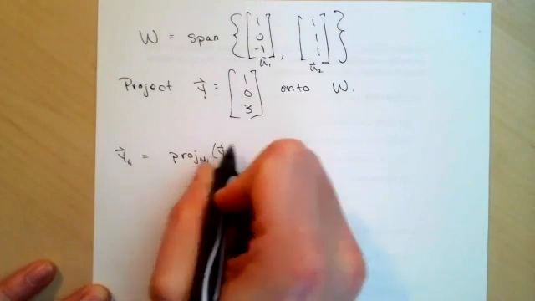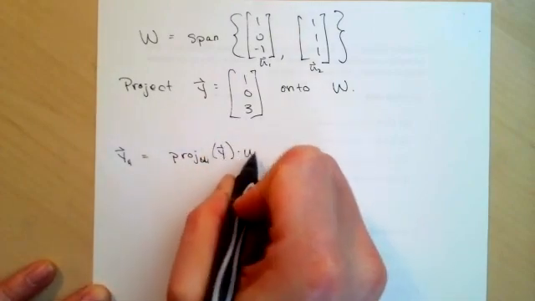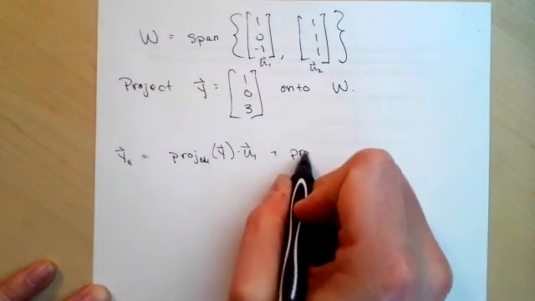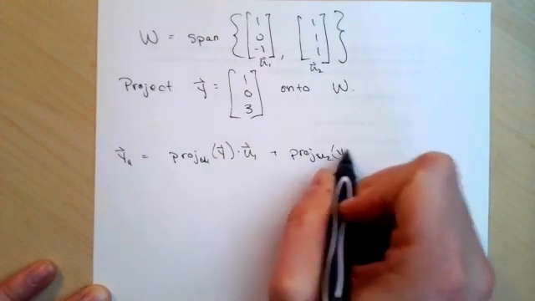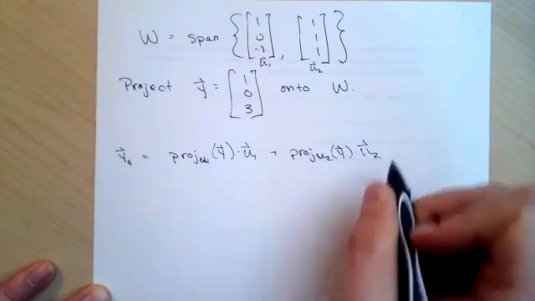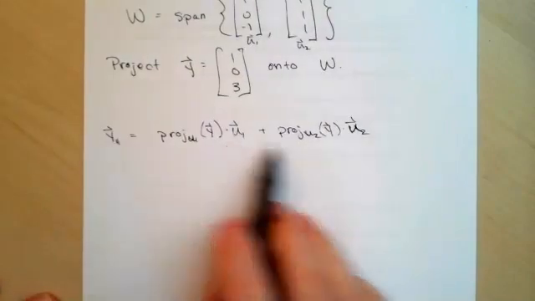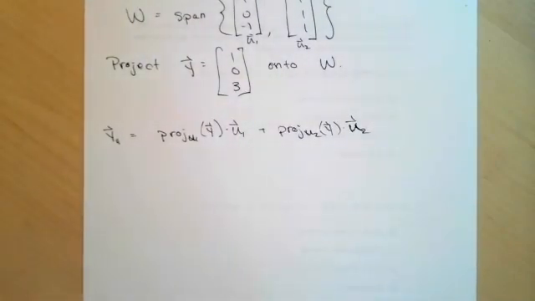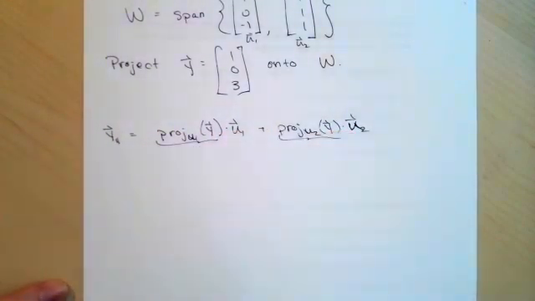So we project y onto U1 in the direction of U1, plus the projection of y onto U2 in the direction of U2. We know that this is going to have to be in W, since we are taking a linear combination of our basis elements. And so we just need to figure out these scalar multiples.